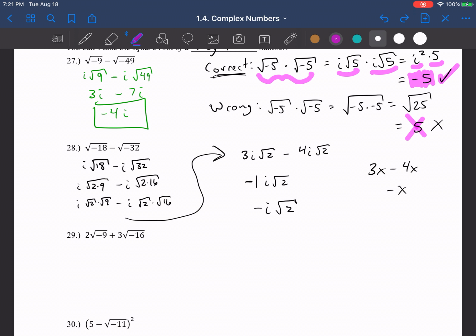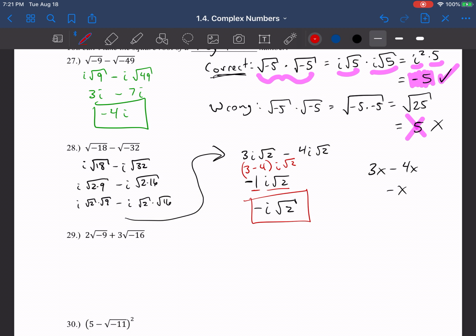In other words, you could think of it as factoring out the i and the square root of 2 from both of them, since they both have it. And you could have something like 3 minus 4 times i times the square root of 2. And so 3 minus 4 is negative 1, and then it's times the i square root of 2, which is just negative i times the square root of 2.